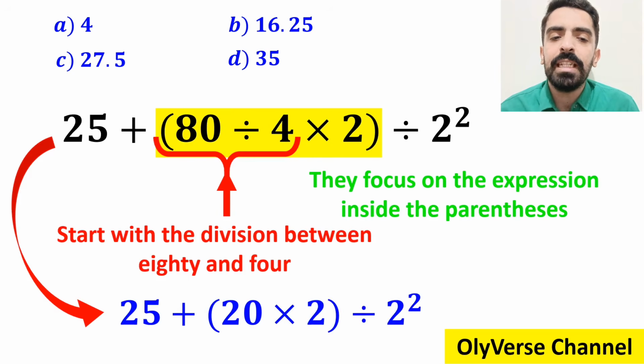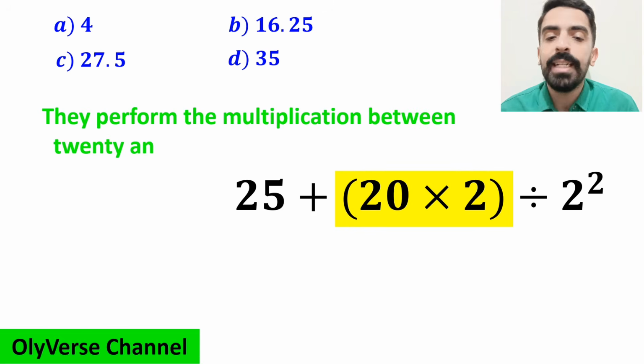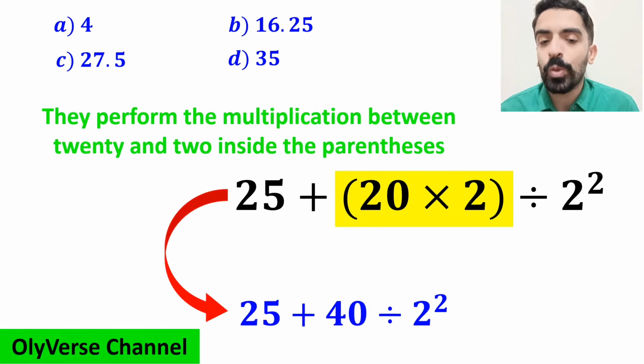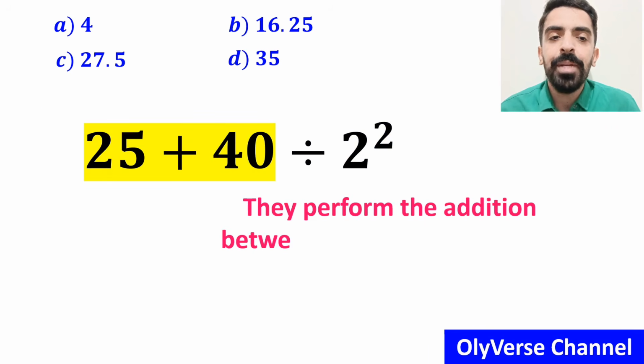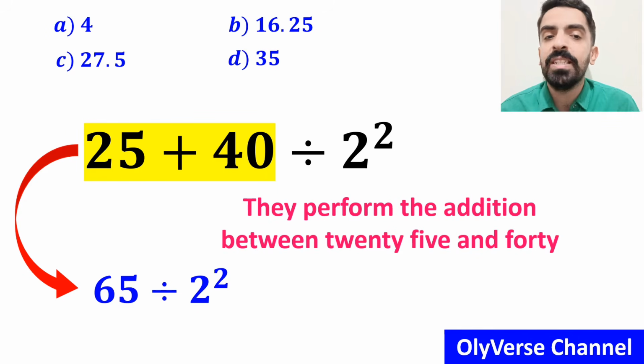So, they simplify this expression to 25 plus 20 times 2 inside the parentheses, then divided by 2 squared. Then, they perform the multiplication between 20 and 2 and write this expression as 25 plus 40 divided by 2 squared.